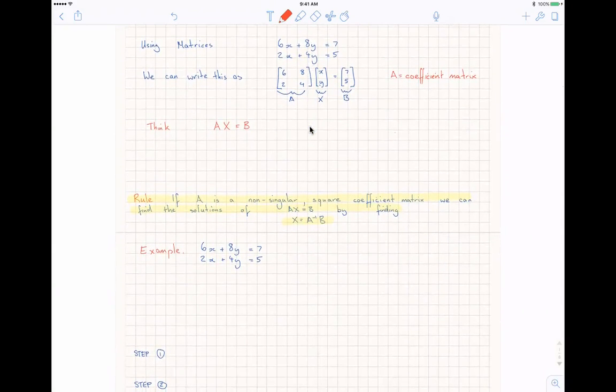Now let's apply what we've just learnt about inverse matrices and see if we can find a way to solve our system of equations using matrices. So what we have here is A times X gives us B. So let's just write that as AX equals B. Now what happens if we multiply both sides by the inverse of A?